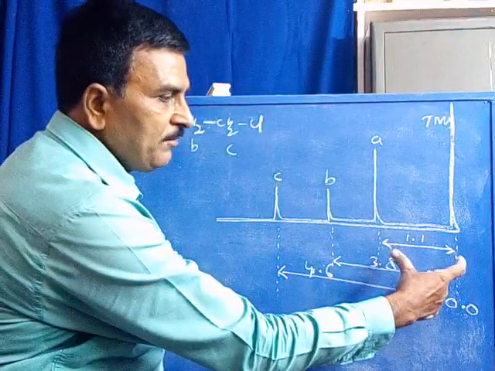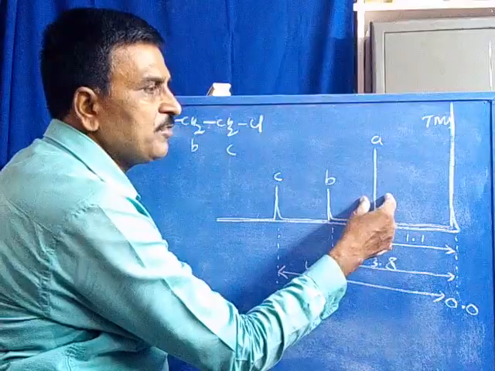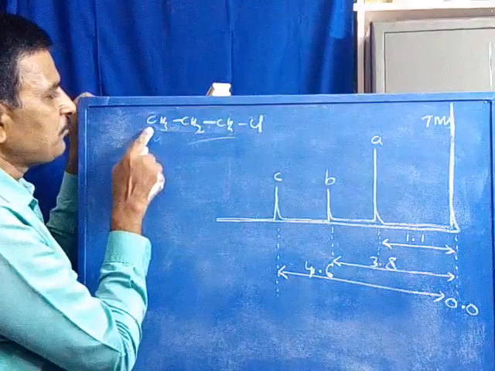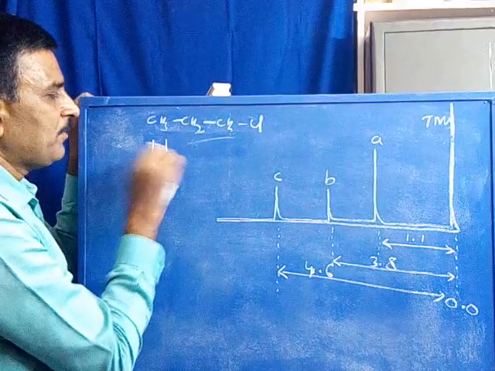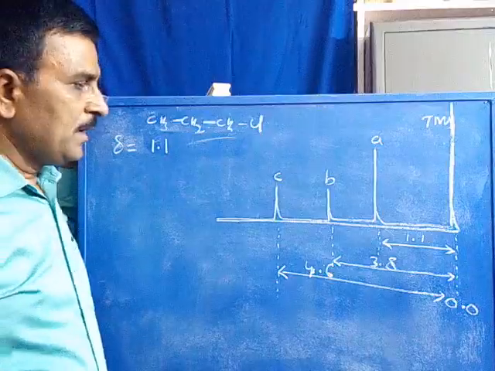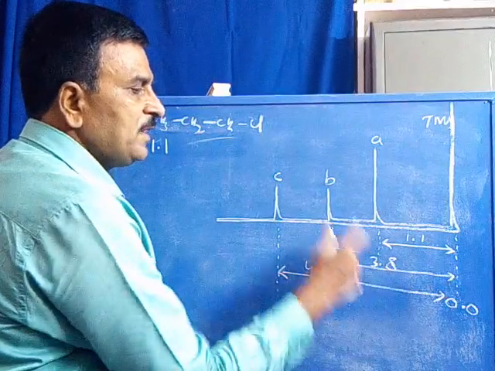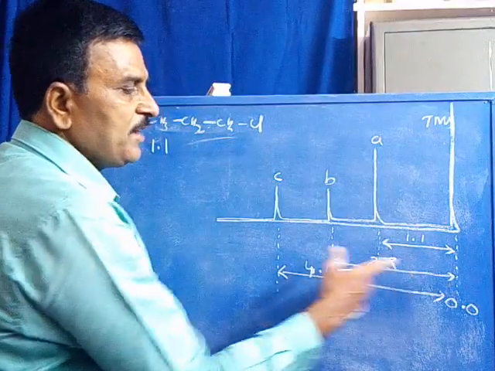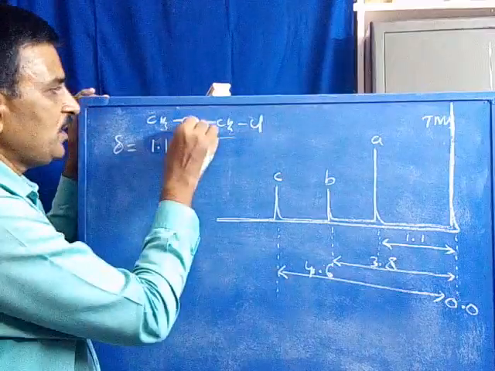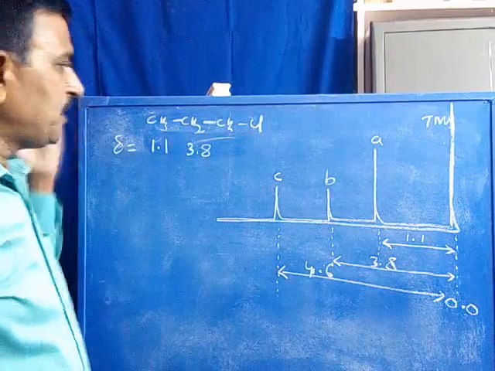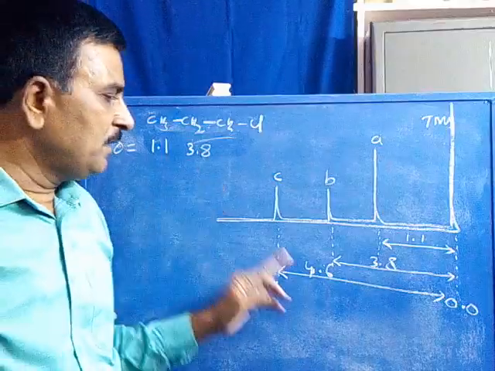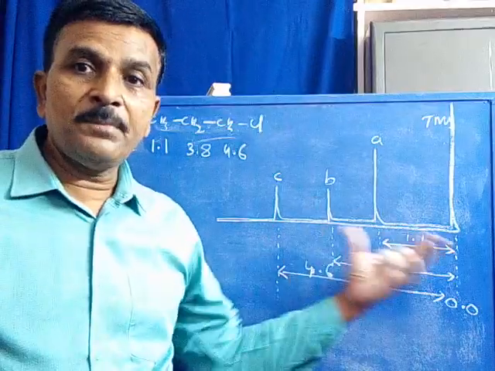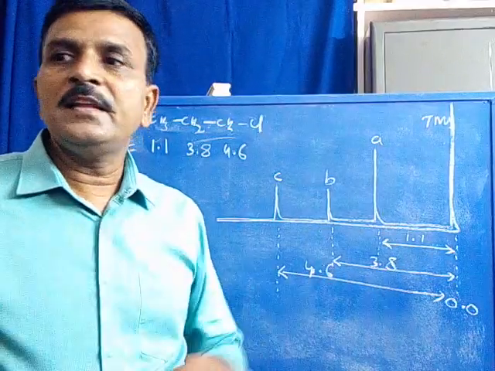When we measure the difference in the frequency between the TMS signal and the first signal, say we get 1.1 ppm, indicating the first proton signal appeared at delta equal to 1.1. Similarly, the difference for the second set of proton signal to that of the TMS signal belongs to 3.8. So the absorption frequency for CH2 is 3.8. Similarly, the third signal is 4.6. Is it clear? So this is the process of comparison for calculating the absorption frequency.